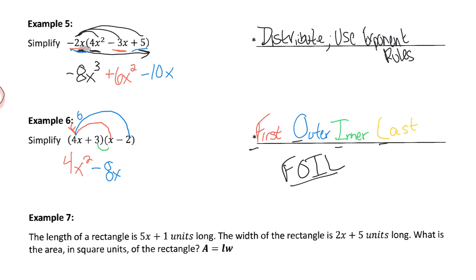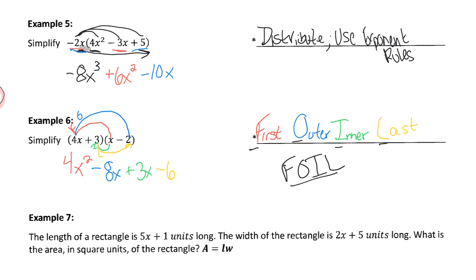Then we're going to take our two inner numbers and multiply those. So we have 3 times x, which is 3x. And then we have the last two numbers. So 3 times negative 2 is negative 6.